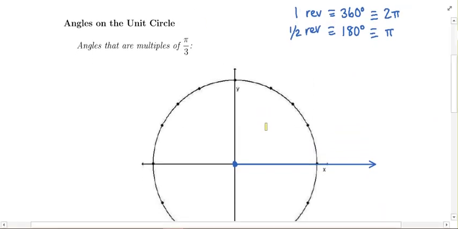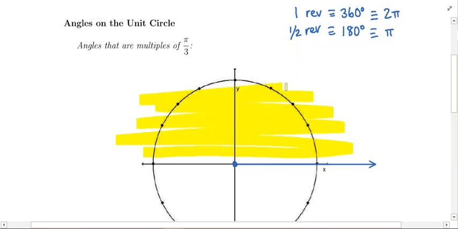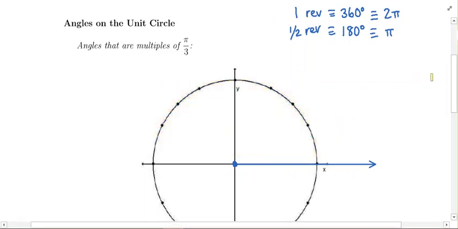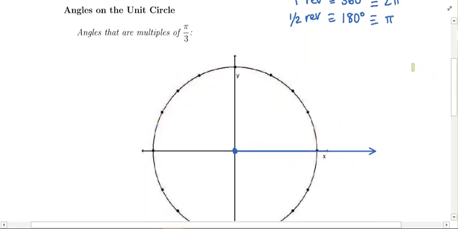Since we rotate counterclockwise to get positive angles, I am going to focus on the top half of the circle for right now, and then we'll deal with the bottom half. We know that this top half, half a revolution, should be 180 degrees.